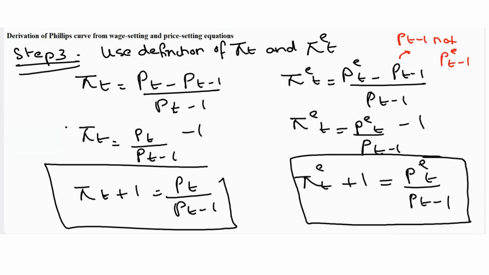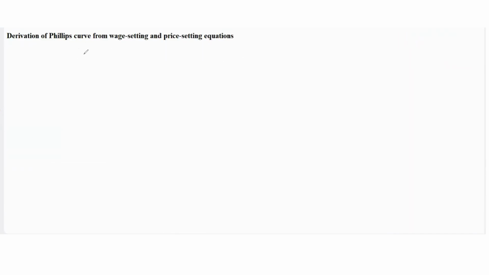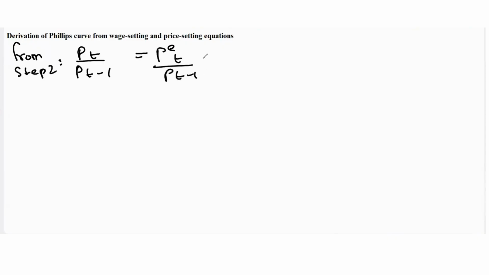So if you recall, from step 2 this was the equation we had: P_t by P_t minus 1 is equal to P^e_t by P_t minus 1, times 1 plus m, times 1 minus alpha u_t plus z.